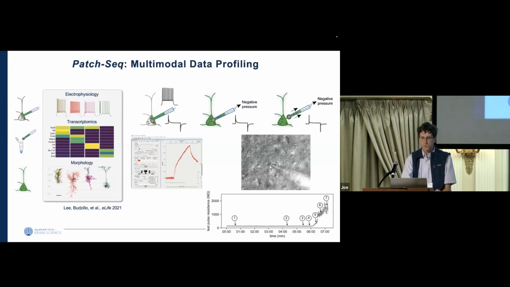And Patch-seq enables you to do the triple crown of electrophysiology, transcriptomic profile, and morphology in the same cell at the same time. It sounds too good to be true, and it kind of is, because it has a high failure rate and it's very slow in its output.